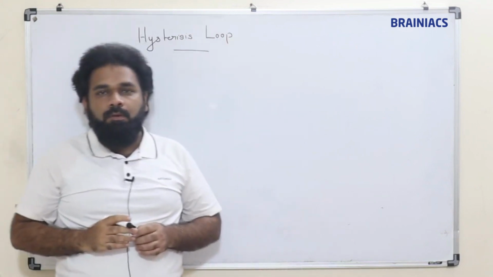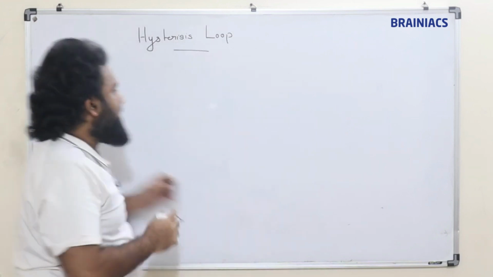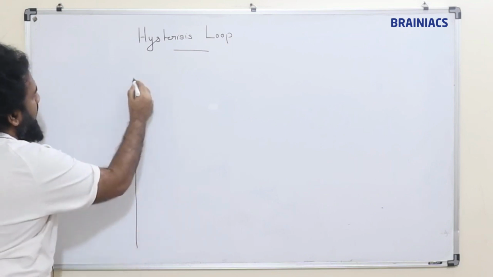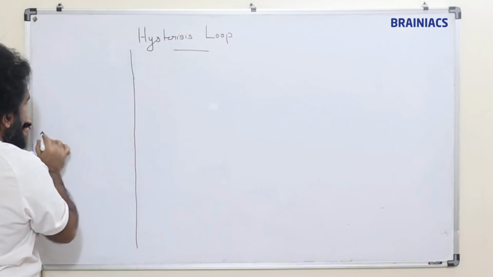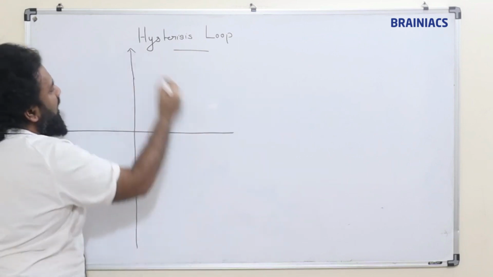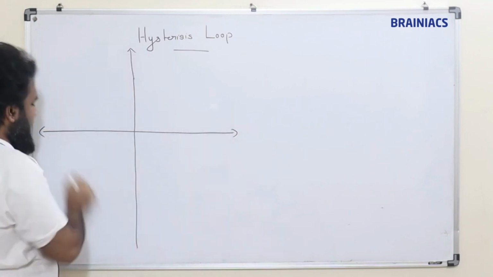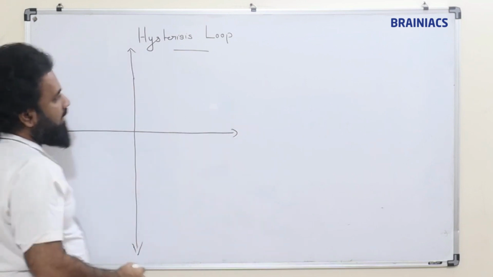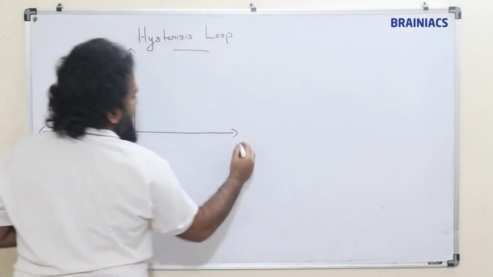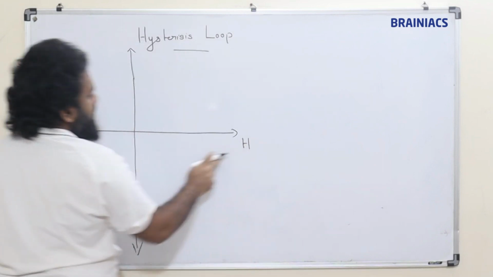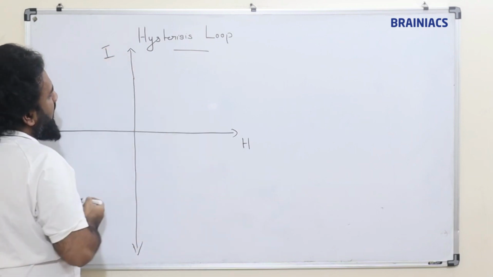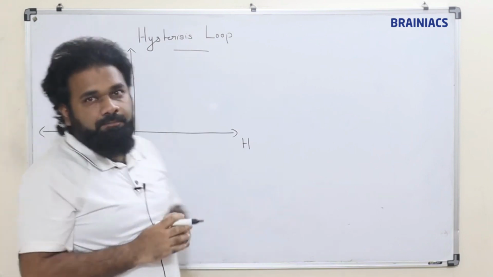This hysteresis loop is a curve between magnetizing field and magnetization vector. That is, on the x-axis we will be giving the magnetizing field, and on the y-axis the magnetization vector.